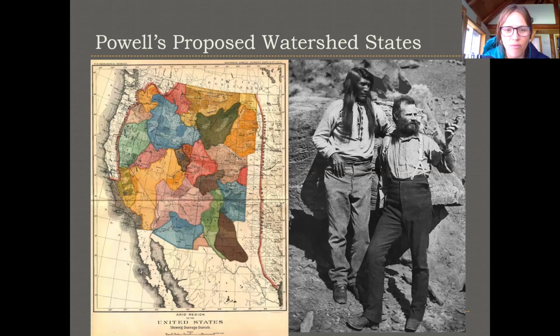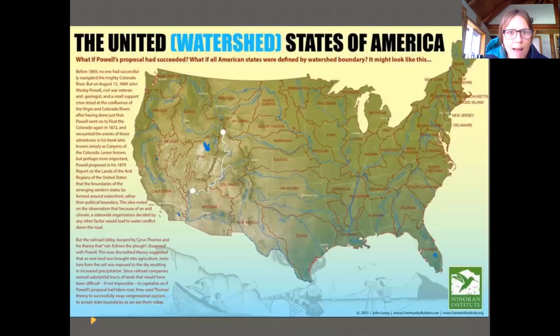So this was a proposed map he made of what he called the arid region of the United States, showing these different drainage regions, and then proposing how these could be different, politically and socially defined areas. Here's another map showing the watershed states of the United States.